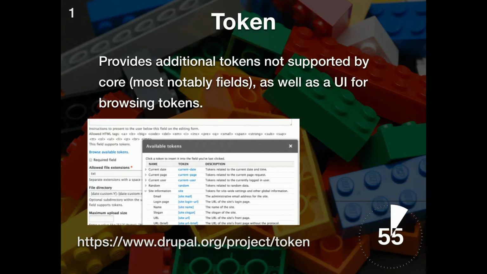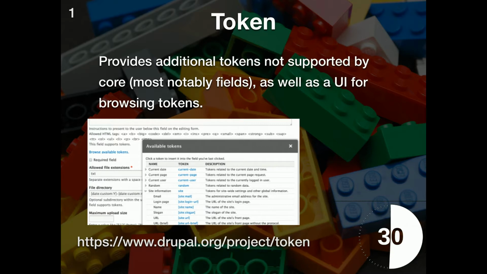So let's get started. The most popular module on the list is token. Drupal 8 does provide some basic token functionality out of the box in core, but the token module is still useful for things like the token selecting UI and being able to browse tokens from fields in your node.